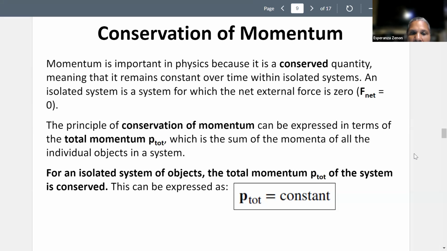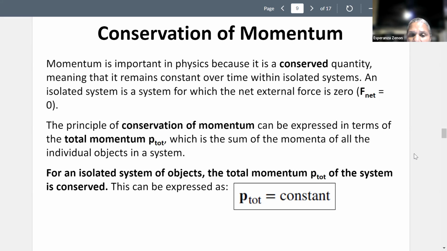For our isolated system of objects, remember, we've gone from looking at one moving object to a group of moving objects. That's one of the reasons why momentum is valuable, because we can analyze the motion of a group of objects instead of just one single object, okay? And the key is, for that group of objects, we have to keep them isolated, meaning no outside forces can interact with those objects in our closed or isolated system.